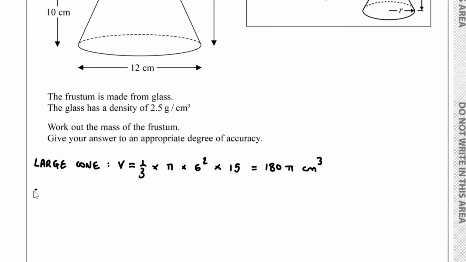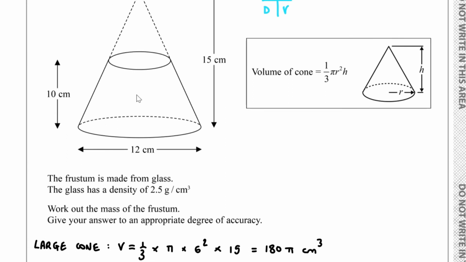And for the small cone, we've got V equals 1/3 times by pi. Well, here we don't know what the radius is yet, but we can figure it out by drawing two triangles. So here we've got a little triangle, as we see here, and then we've got a larger triangle, as we see here.